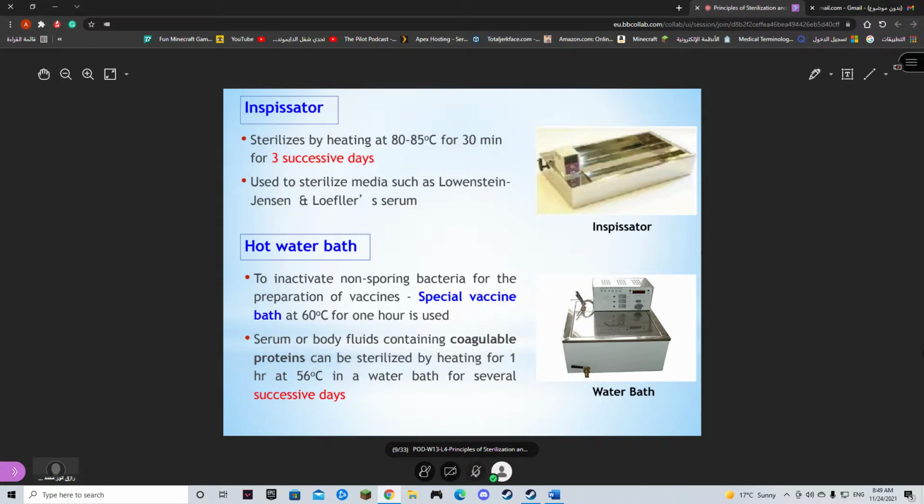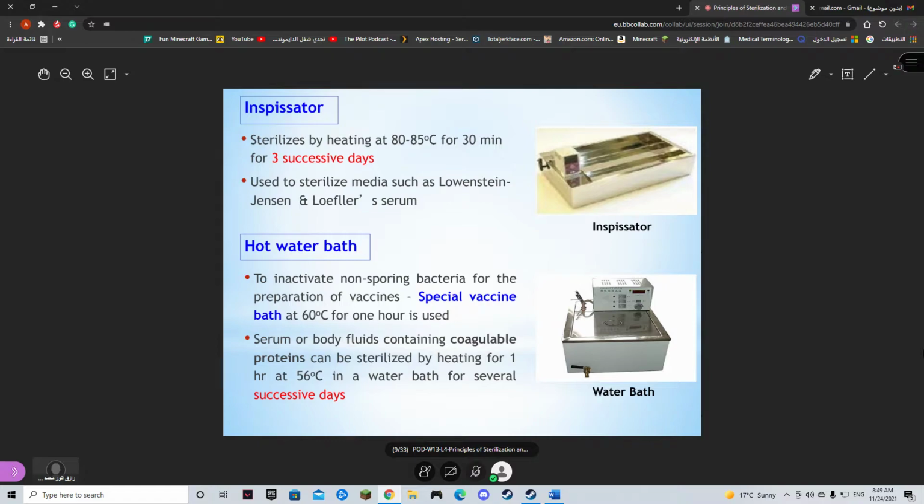Why is it important? The media is what you use to grow the bacteria. Your patient was suffering from tuberculosis, your PBL3. You have the Lowenstein-Jensen media, LJ media, for growing the tuberculosis bacteria. In LJ media, this bacteria loves to eat egg.